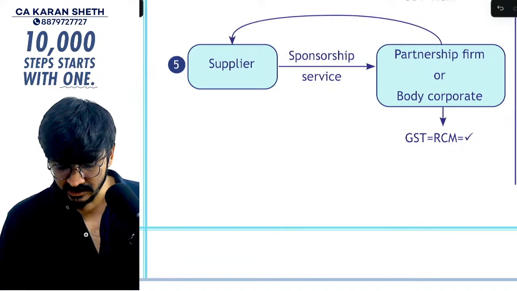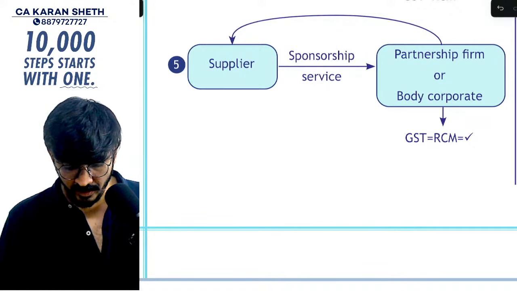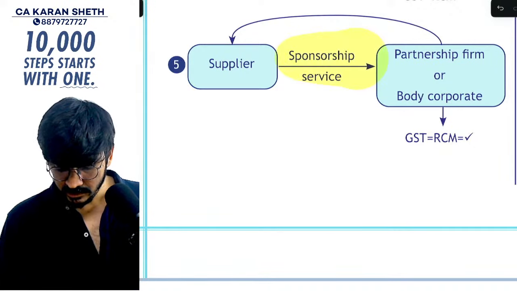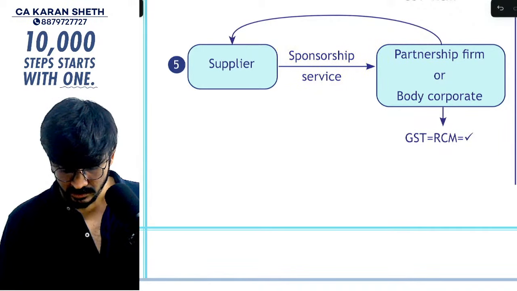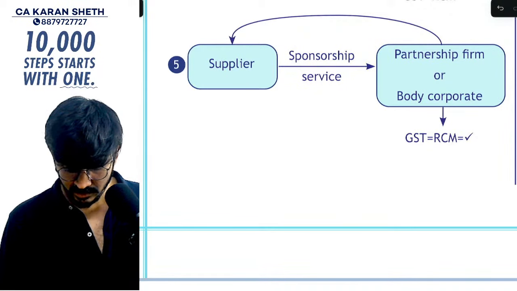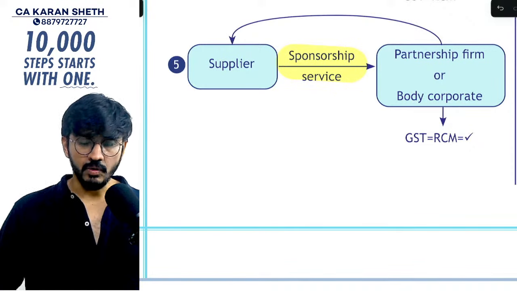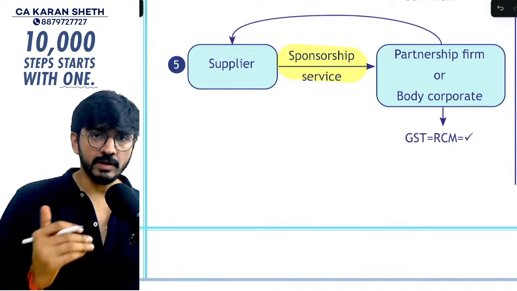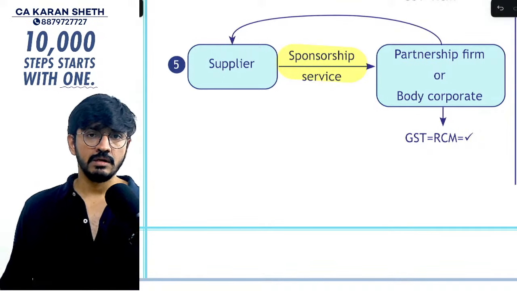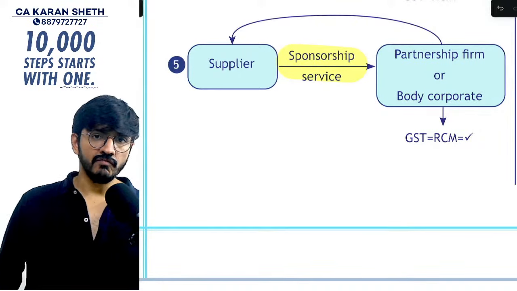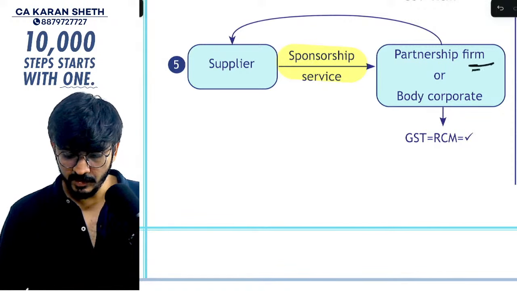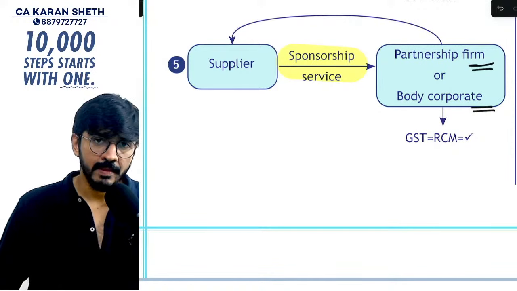You have to focus on that: only and only when both these words are seen in the question will you check if the recipient is a body corporate or partnership firm.